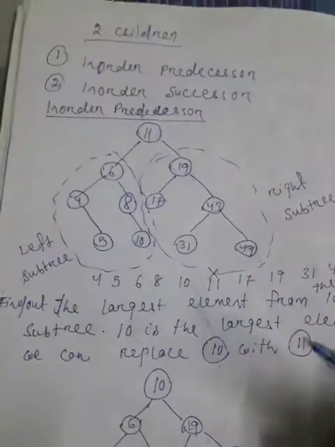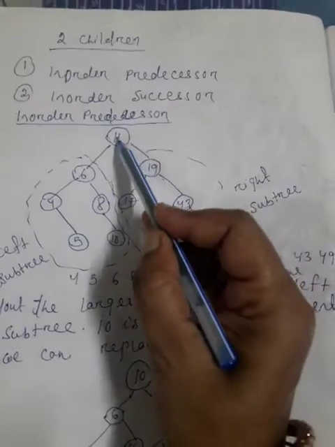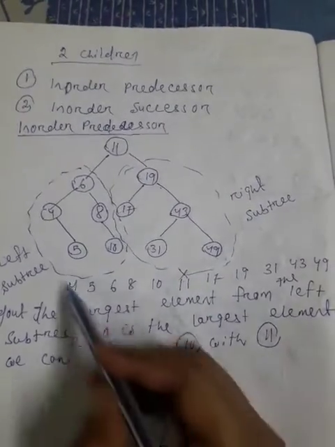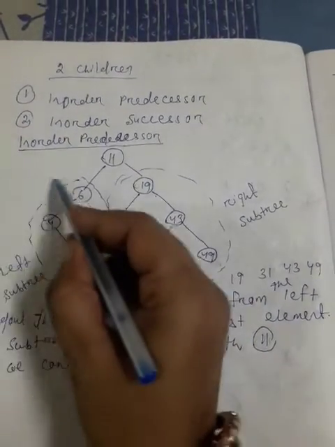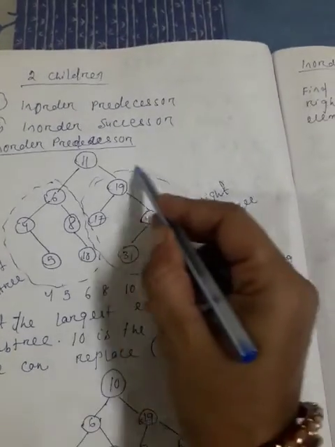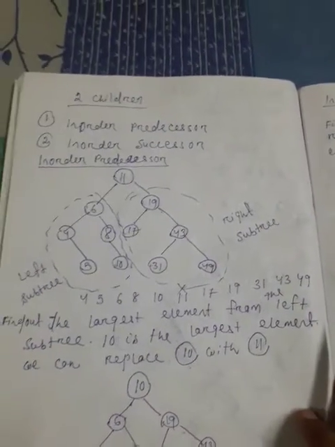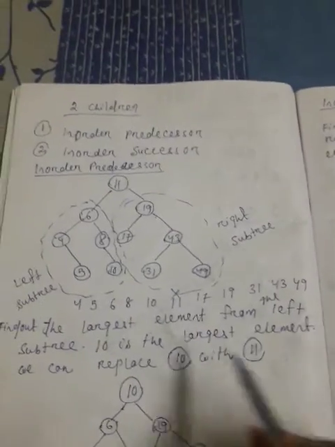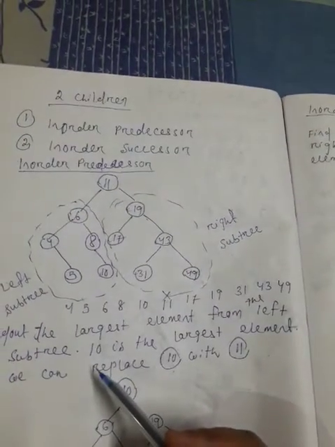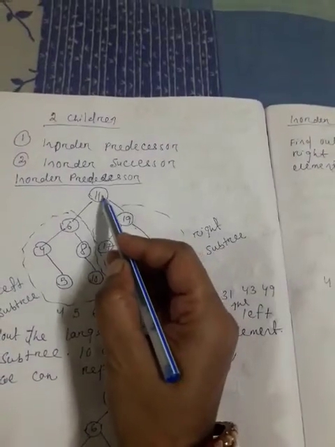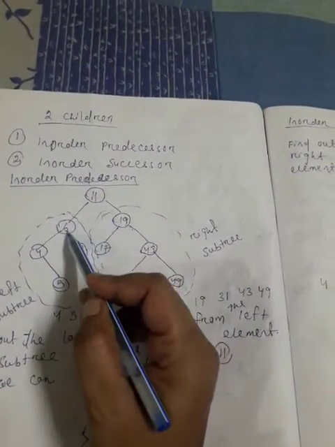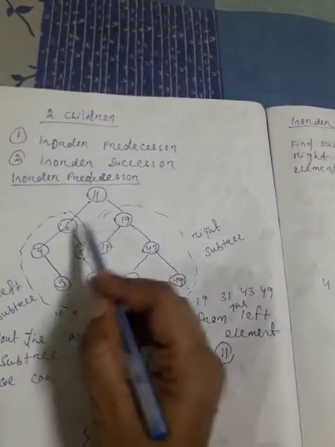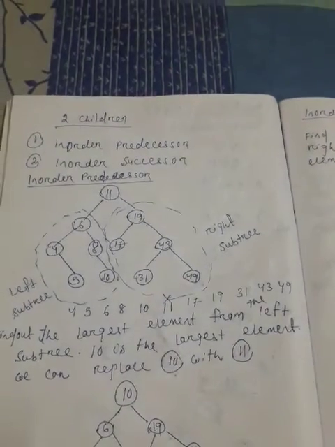This is an example. The root node is 11, this is the left subtree and this is the right subtree. Suppose we want to delete 11. Under 11 there are two children, one is 6 and another is 19.